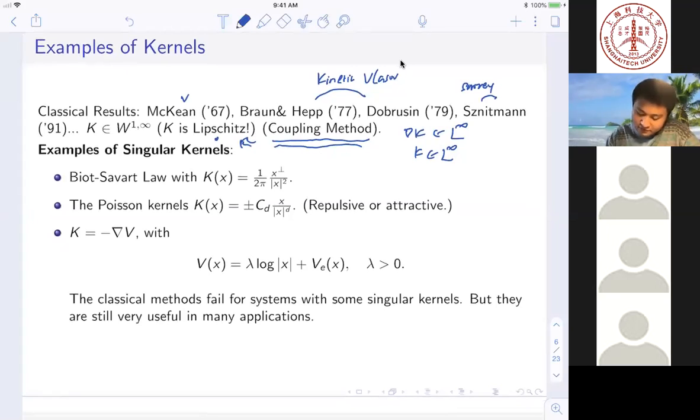So the basic idea is this. For instance, we have an interacting particle system. Let's say in the limit, we get some PDE, ∂tρ + div(ρ K * ρ) = 0.